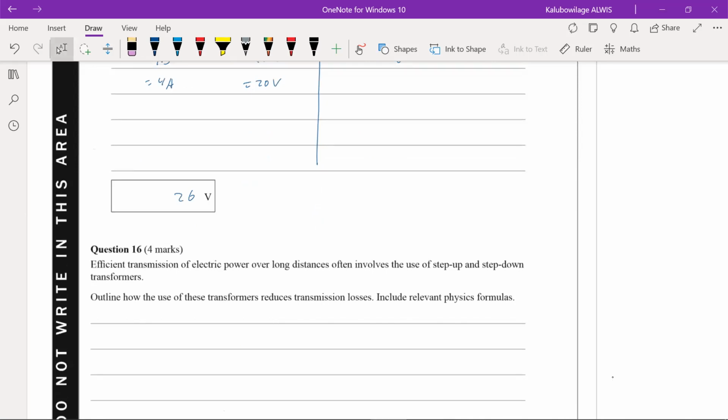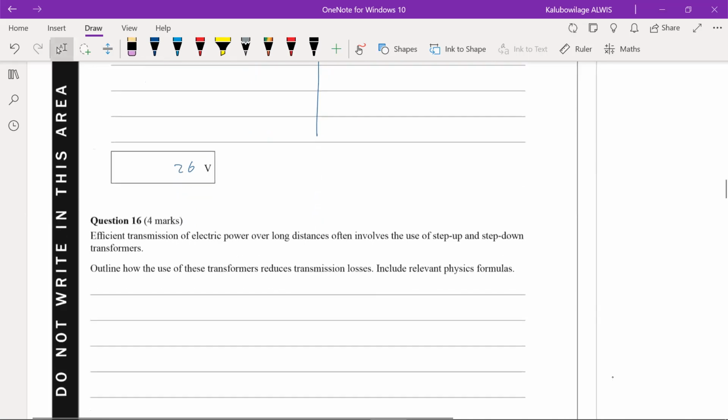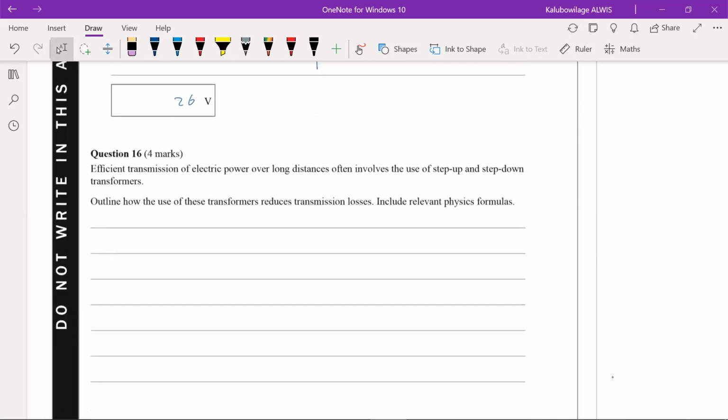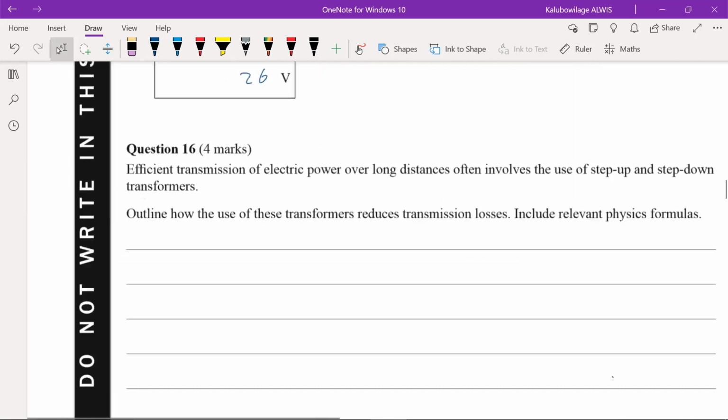Efficient transmission of electric power systems will use a step up and step down. The use of transformers reduces transmission loss.